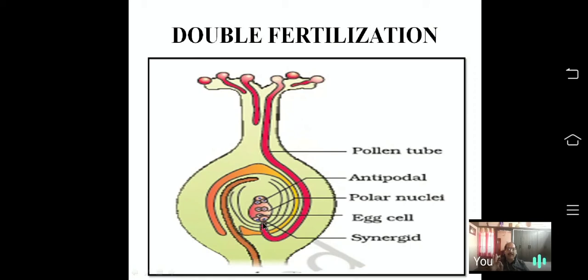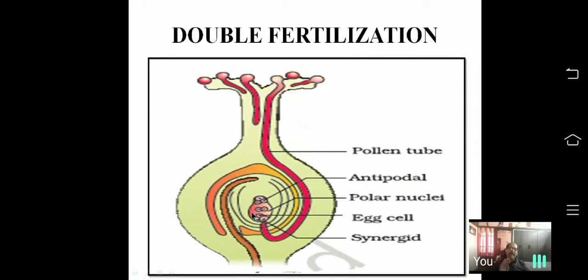After penetrating, the tip of the pollen tube will burst, so that it releases two male gametes, sperms, into the embryo sac. Now the two male gametes of the pollen tube are released into the embryo sac.